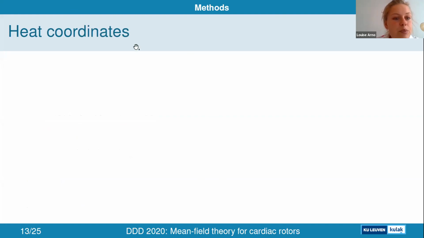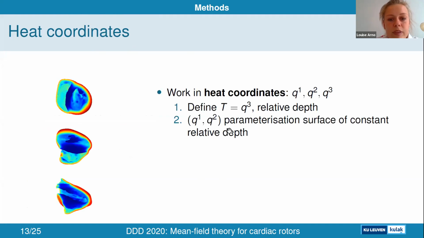In the first step, we introduce a new kind of coordinate system, which we call the heat coordinates. We denote these heat coordinates with Q1, Q2, and Q3, for which Q3 is the relative depth. For example, over here, we see the lower part of the heart, and the different colors are the different Q3 coordinates.